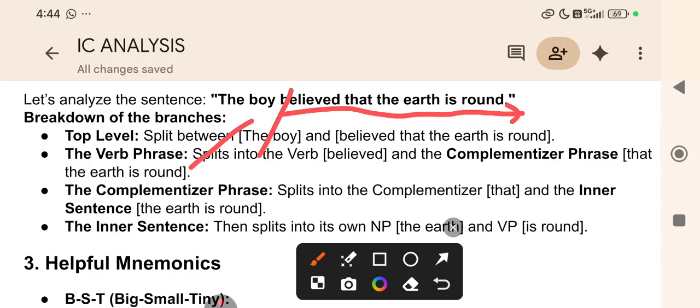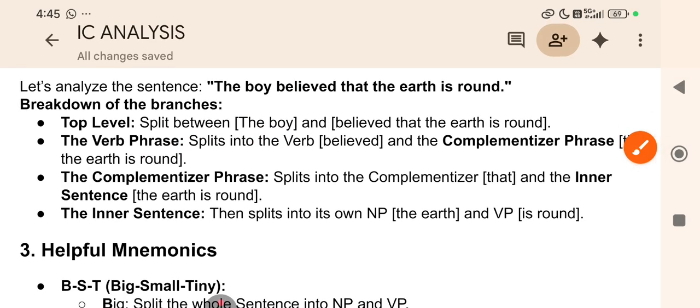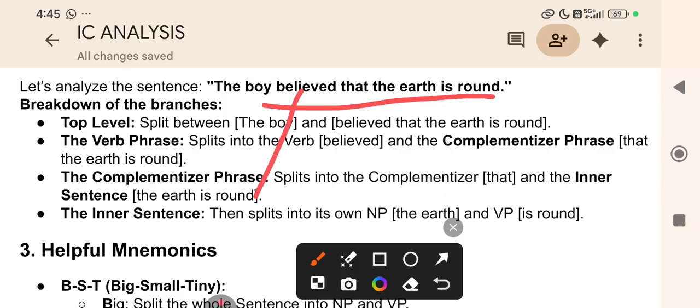That is done. The is article and boy. Now second part. So in the verb phrase, it splits into the verb. So in the verb phrase, first of all we have to find out the verb believed, and we have to find out the complementizer, right?